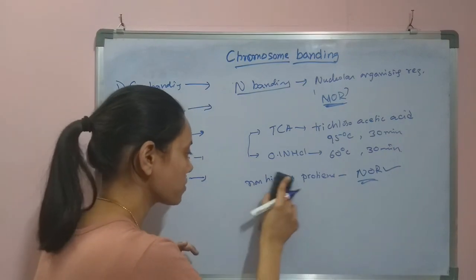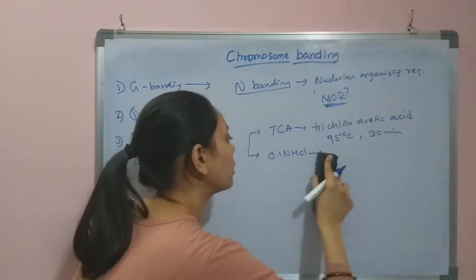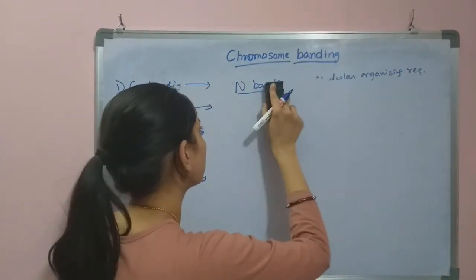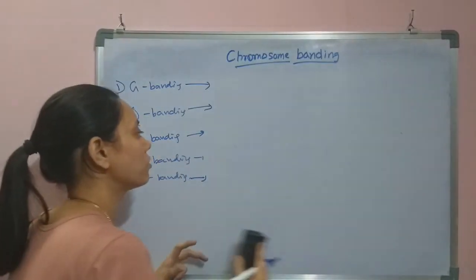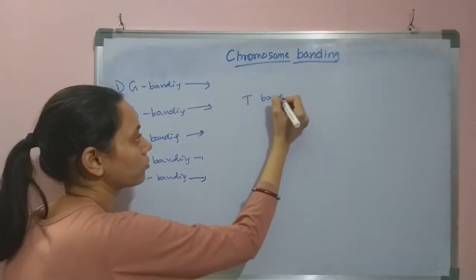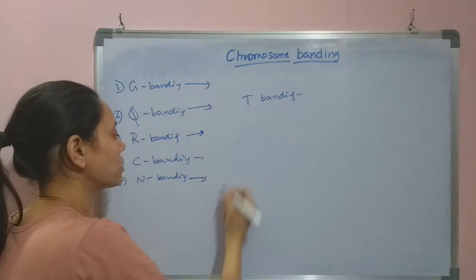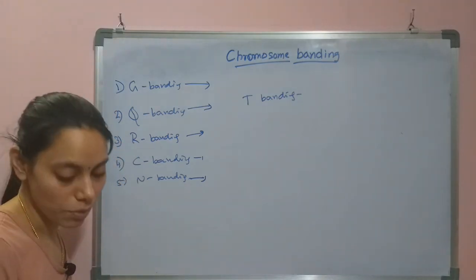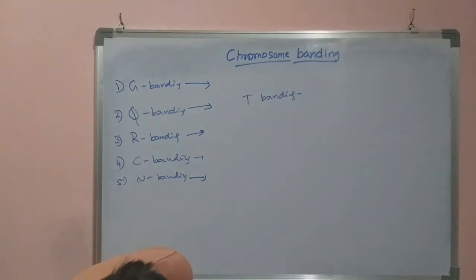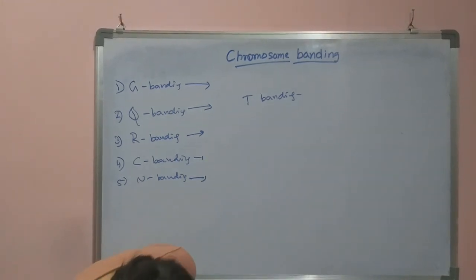There are some subsets of banding techniques. For example, there is something called T banding. This T banding is basically a subset of R banding or reverse banding.